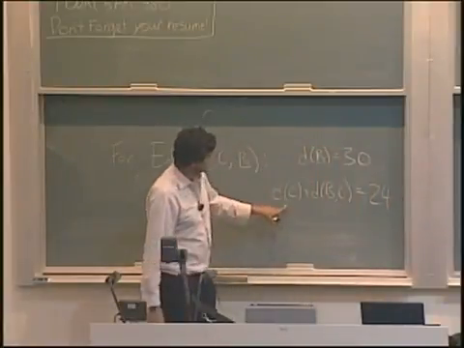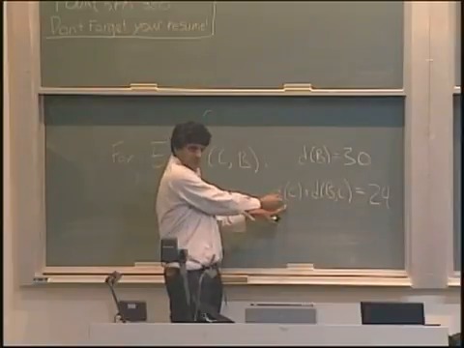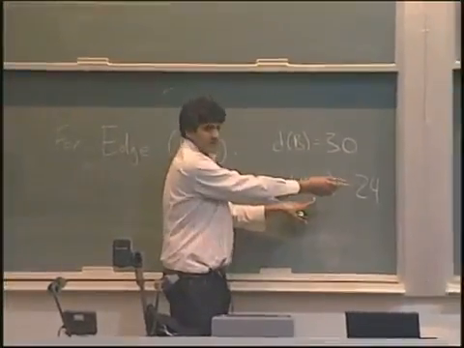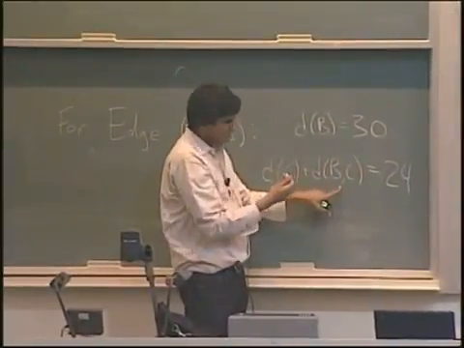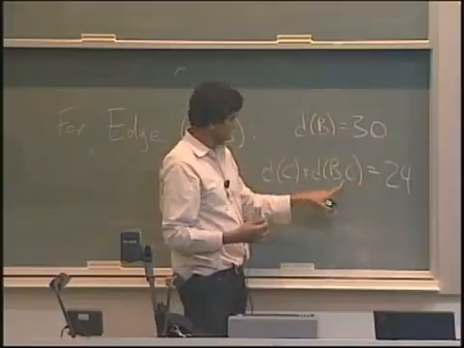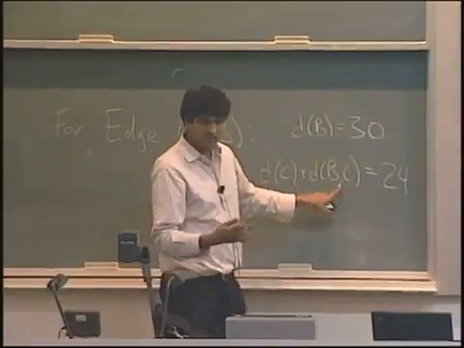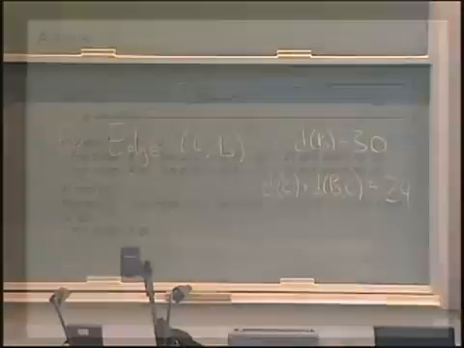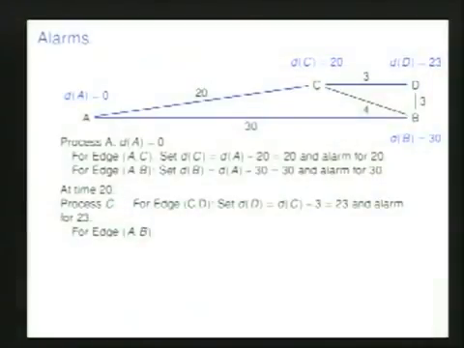D of C says that's how long it took to get to C, and I know I can get to B in 24 units. If I was doing this by breadth first search, I would actually be processing this node B at time unit 24. That 30 time unit path would just be somewhere toward the end. It wouldn't explore to the end.